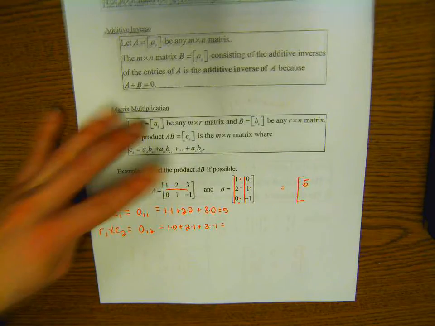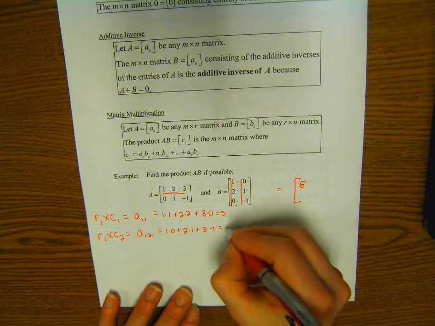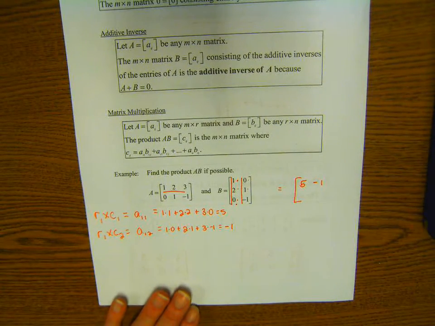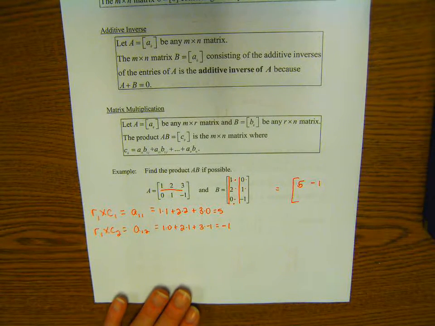Let's see. 0 plus 2 minus 3 is negative 1. Yep. Okay. So now what do I do?